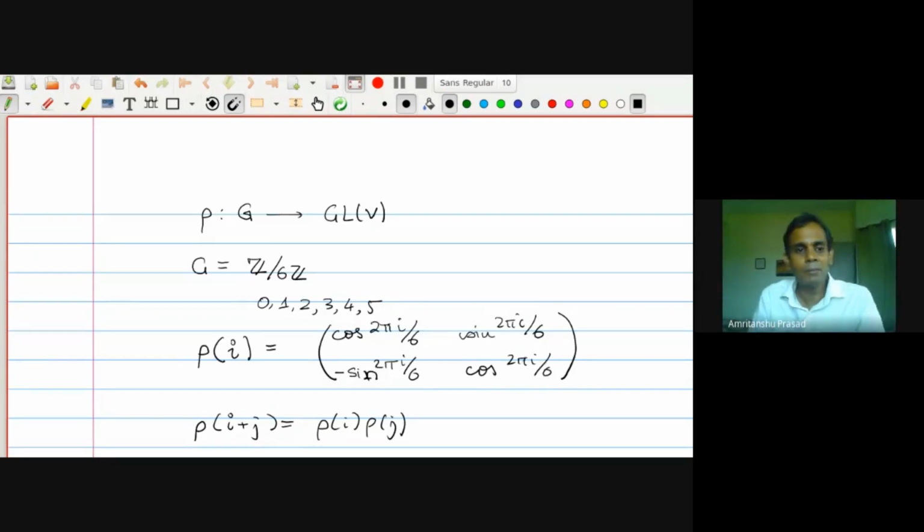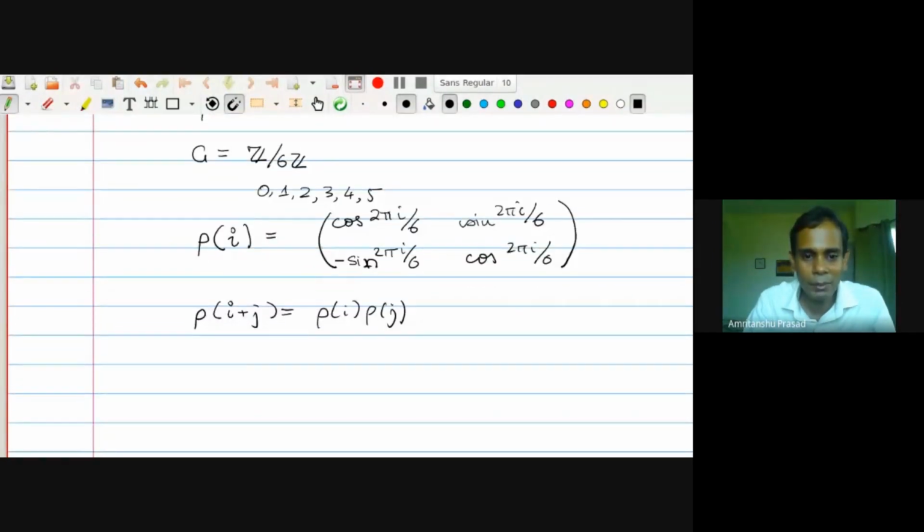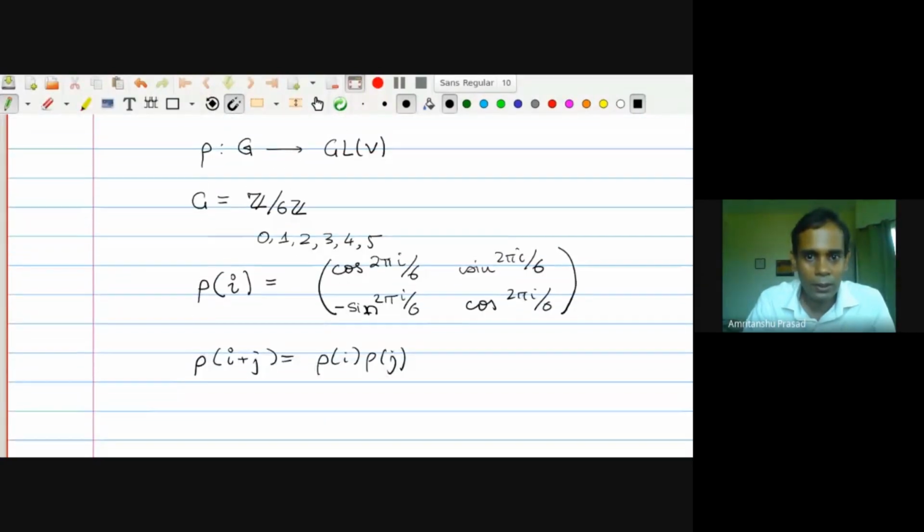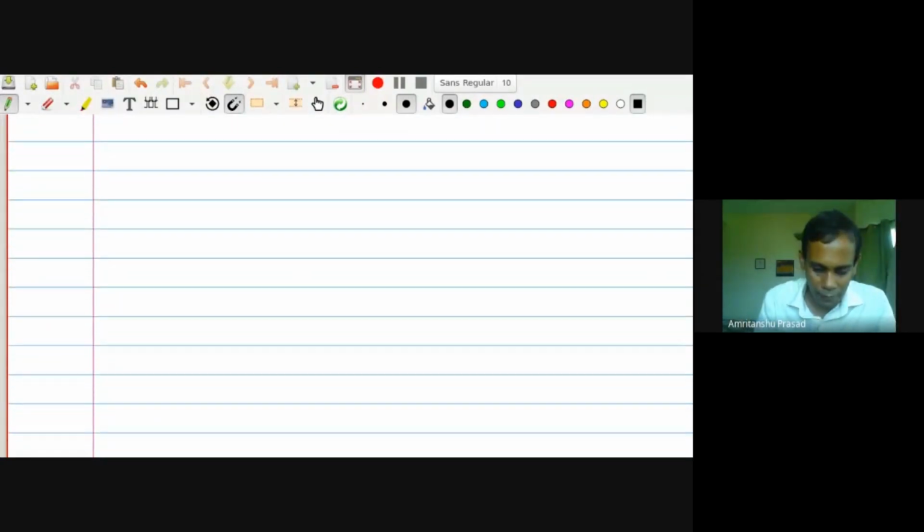Okay, and in representation theory, we very commonly use this notion of the character of a representation. Let me define that. And later I will try to explain why these characters are so important. So the character of a representation. We have this representation ρ that takes a group G to GL(V).